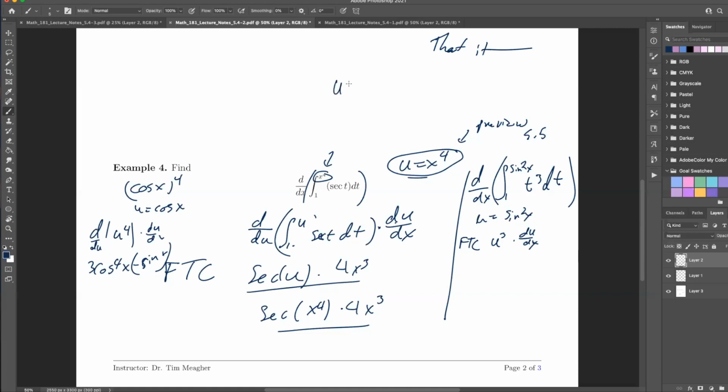Let me do that up here. u equals sine squared x, so du equals, if I took its derivative, u prime, so it'd be 2 sine x. So move that out front and then multiply by what this is, which is just cosine x.